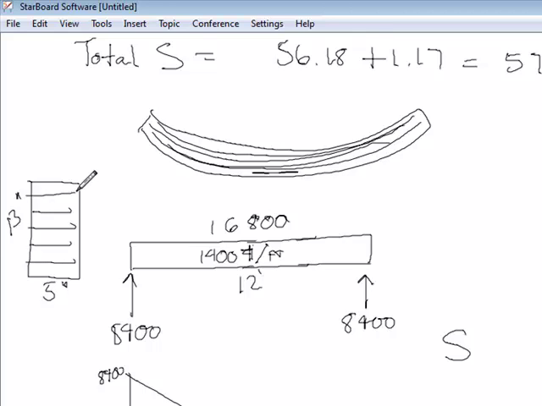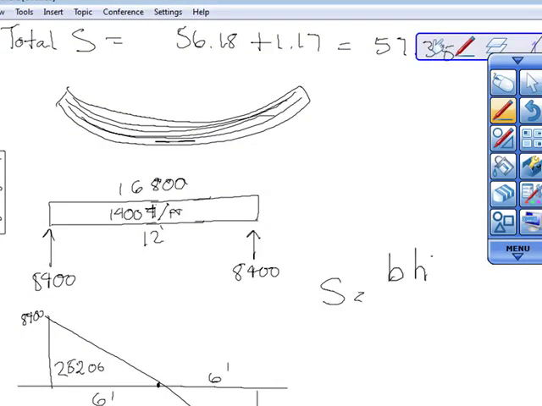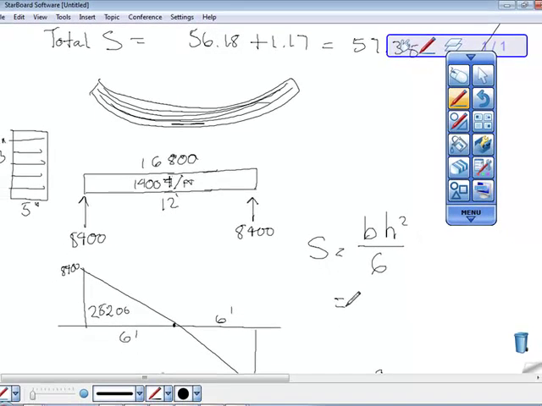So in this situation, because it's a rectangular beam, S is going to equal BH squared over 6. So B is 5 and H is 13. So 5 times 13 squared over 6 equals what?